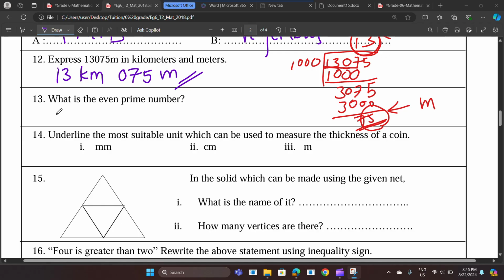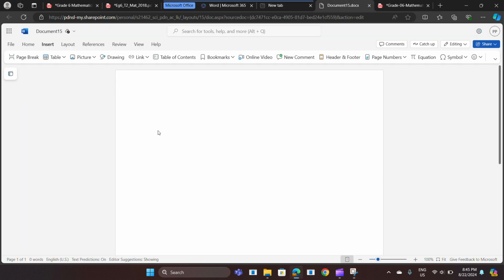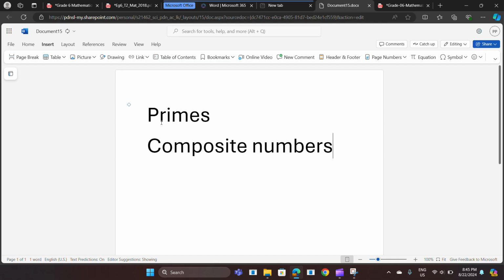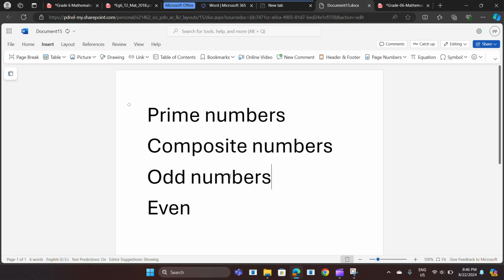You have learned about prime numbers, and there are composite numbers as well as odd and even numbers. There are such types of numbers.